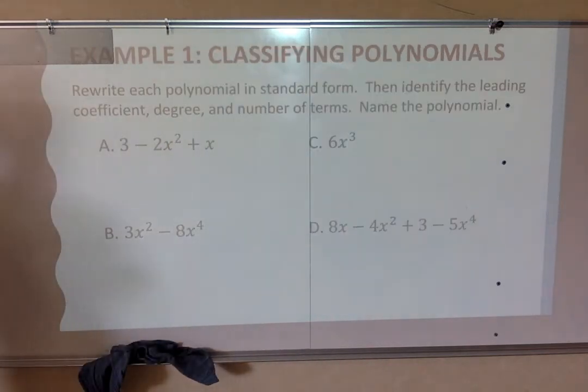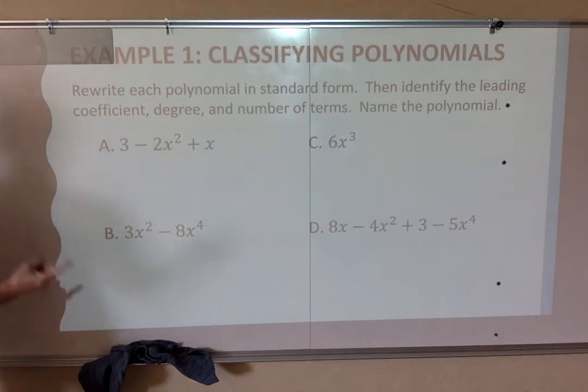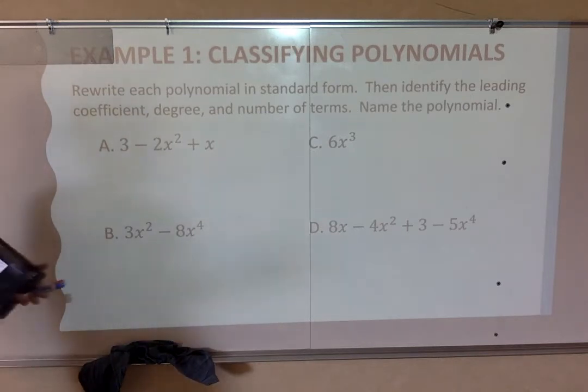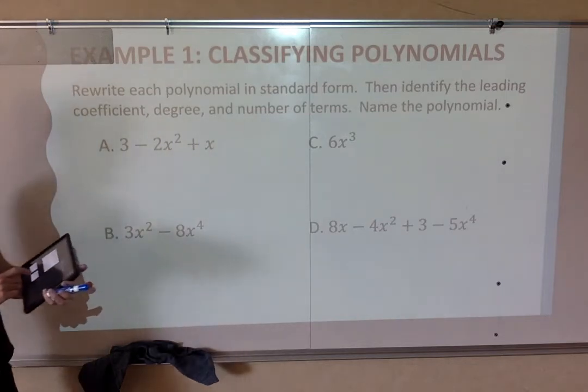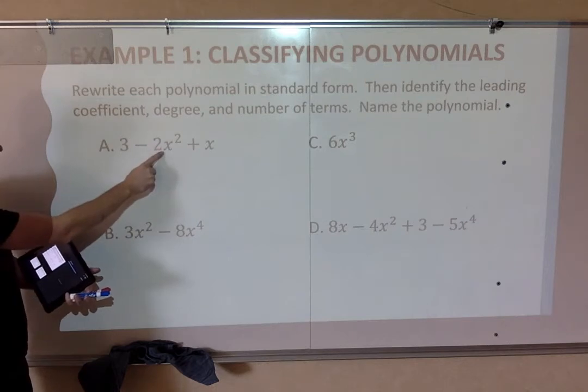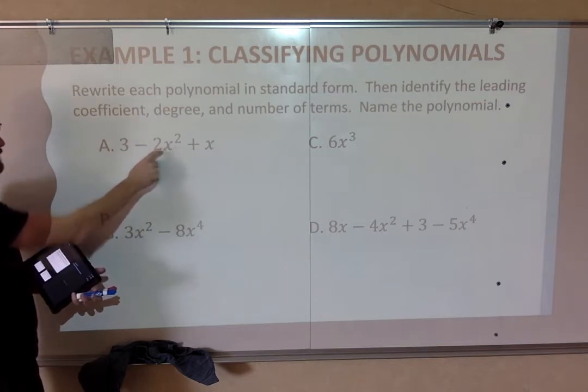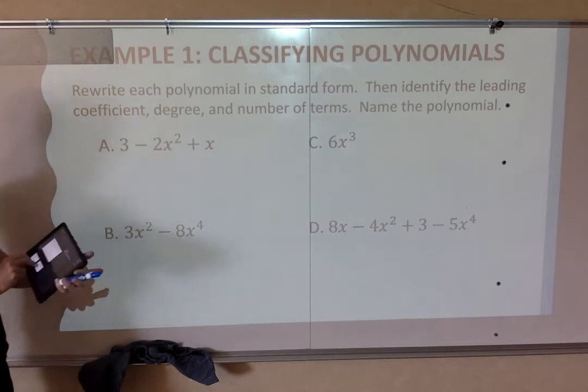All right, so first examples, classifying polynomials. We're going to rewrite it in standard form, identify the leading coefficient, degree, number of terms, and then name it. So a lot of stuff in each one. And to save some time writing, I'm just going to use an animation here. So with this one, rearranging this, the minus 2x squared is going to go first because that's the highest exponent, then the x, then the 3.